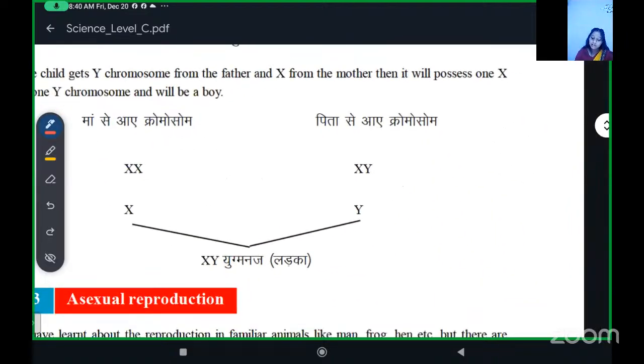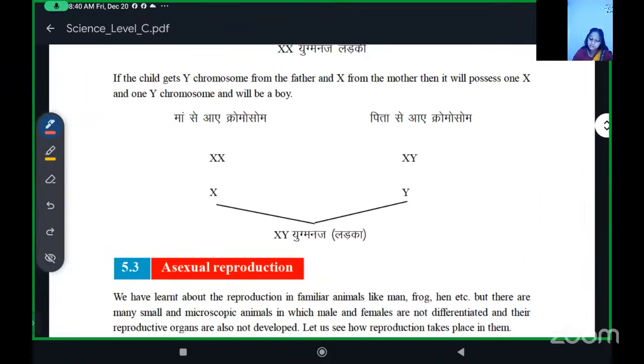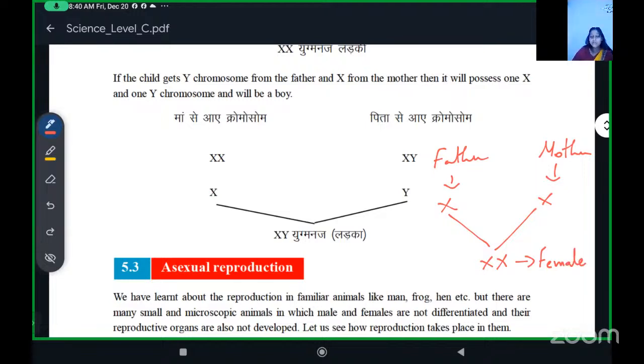All right, see, if this is the father and this is the mother, and from the father an X chromosome comes and from the mother also an X chromosome comes, then what happens? We have XX chromosomes, which is female, and a girl will be born.